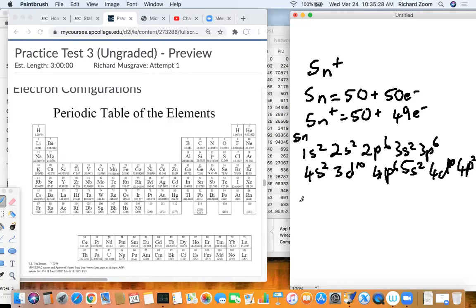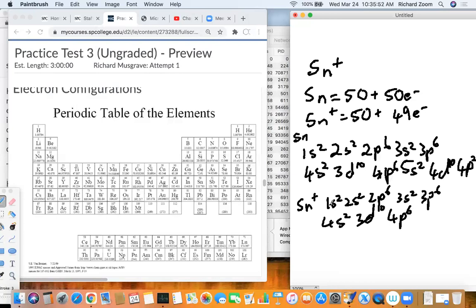Now, if it's Sn+, it'll be exactly the same thing, except now, I'll just go ahead and write it. 1s2, 2s2, 2p6, 3s2, 3p6, 4s2, 3d10, 4p6.